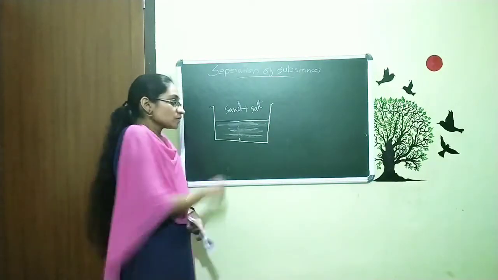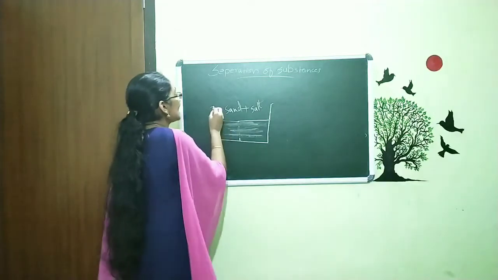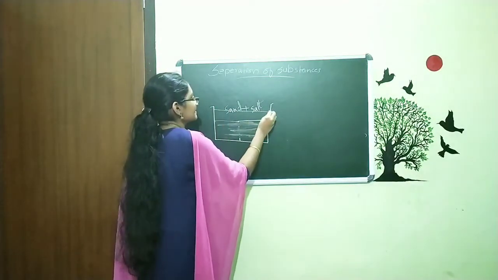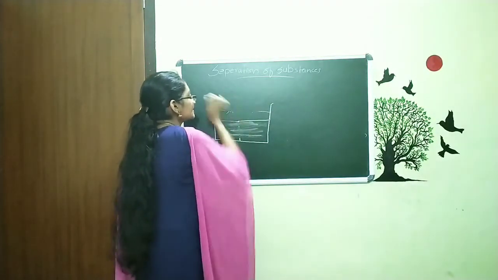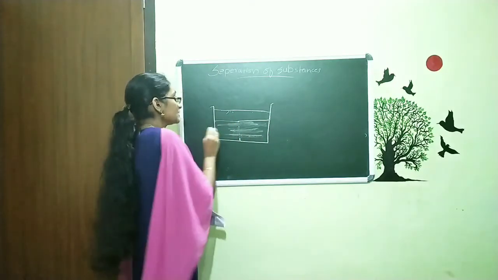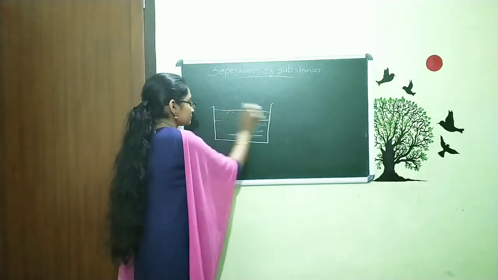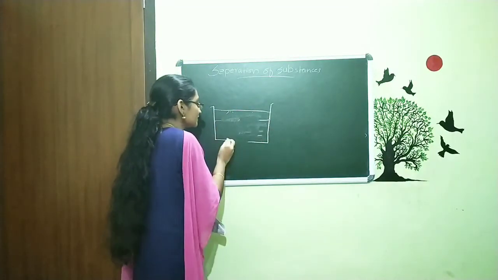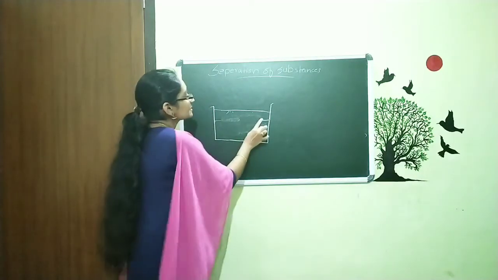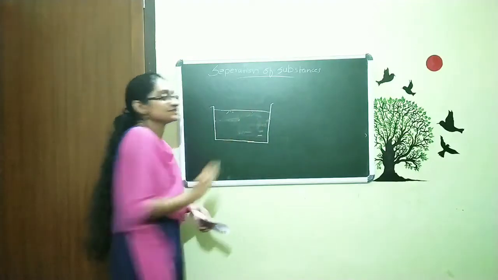So this is only the mixture of sand and salt. Now I am adding some water in this. This is the mixture of salt and sand. Now I am adding some water and mixing this with water. I am just keeping it undisturbed.